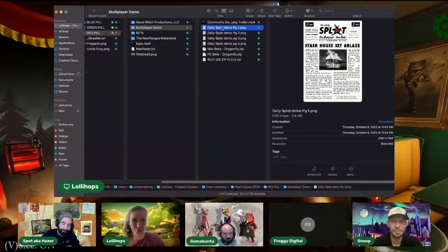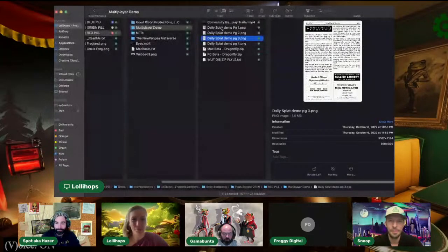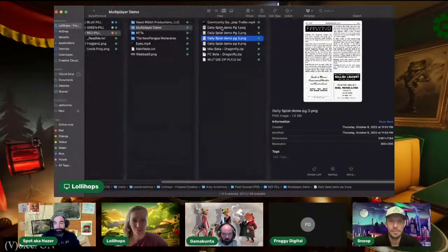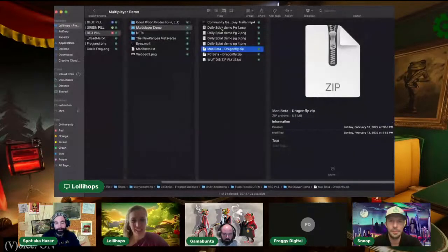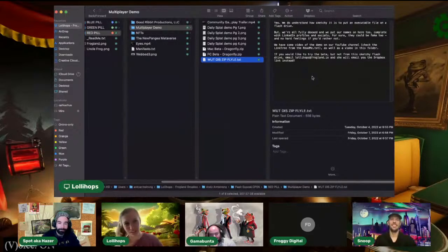Then I also threw the Daily Splat images from the demo in here, so people would have a little bit of a chance to read that if they'd like. And then also the two zip files, a Mac and PC for the Dragonfly. And then a little disclaimer about, yes, we understand exactly how sketchy it is to put an executable file on a flash drive, but we also are fully doxxed. We put all of our names on here too.